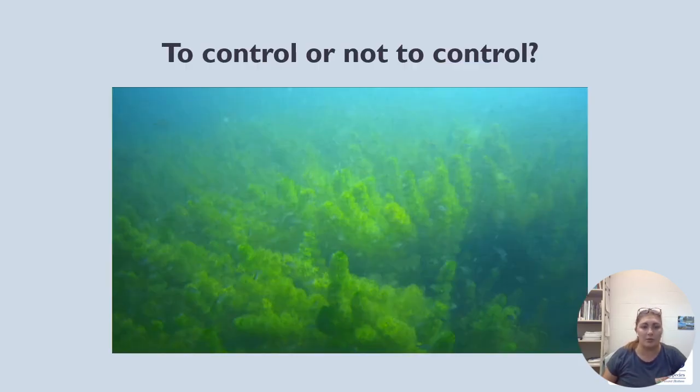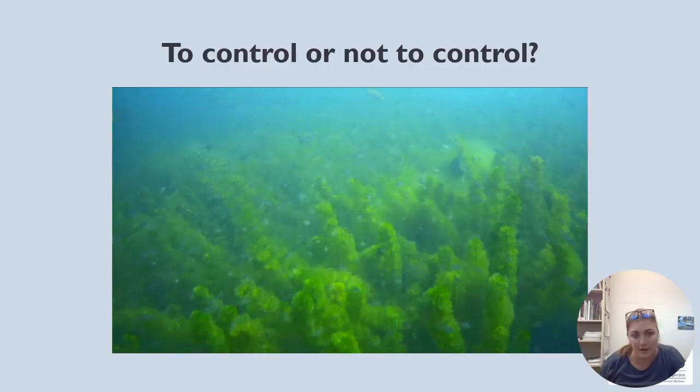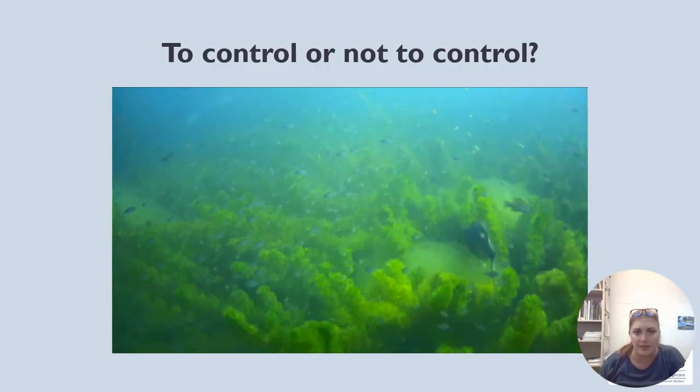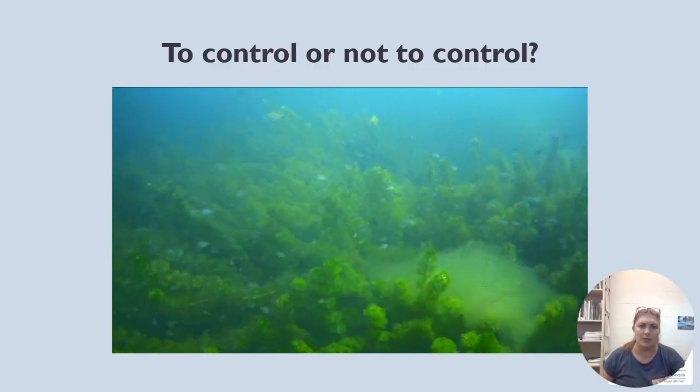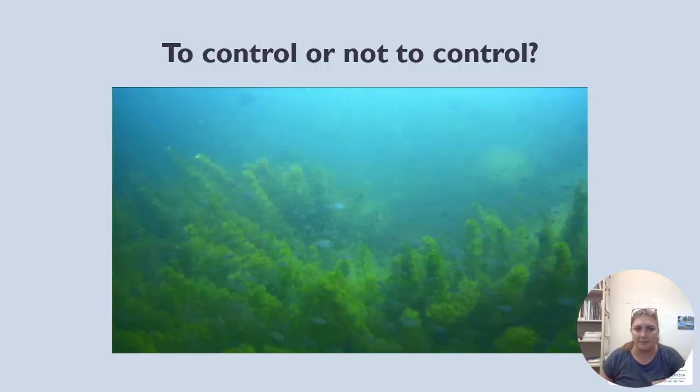One of the questions is always to control or not to control, and that's where that littoral zone coverage comes in, and you really have to figure out the balance of the presence of the invasive, the threat to the ecosystem, and how many natives are there, things like that. This is a video of Basin Lake, and this is all invasive fanwort, but what you notice in this video is there are a ton of fish that are enjoying this habitat.